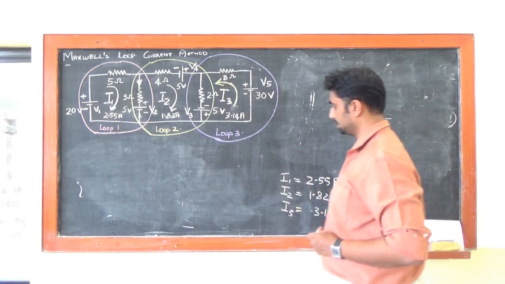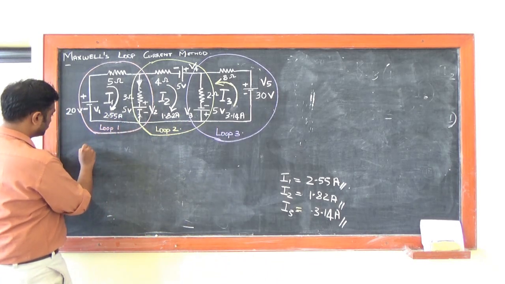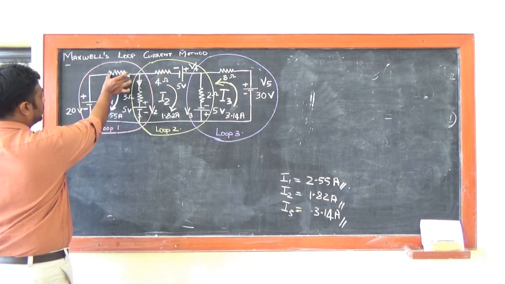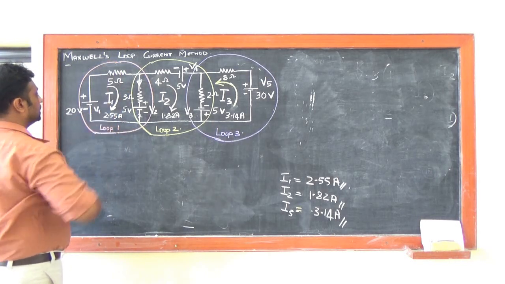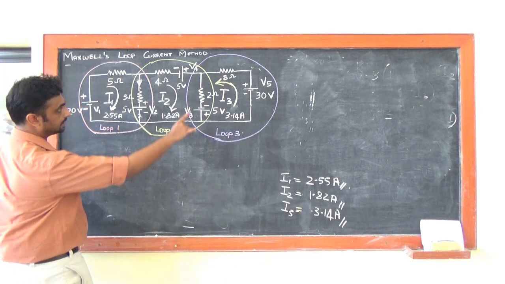So I'll keep these loop currents here. What is the current and voltage in this particular resistor? This is my modified diagram. I have changed I3.